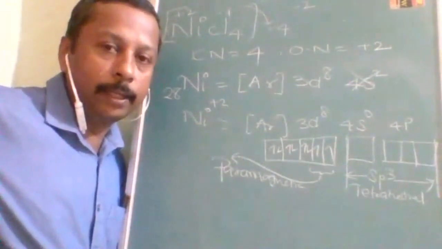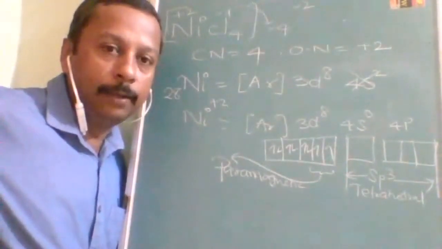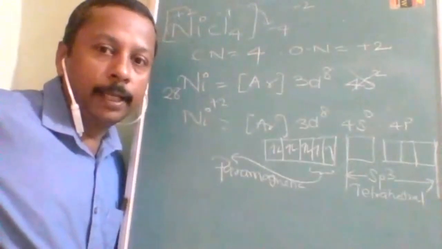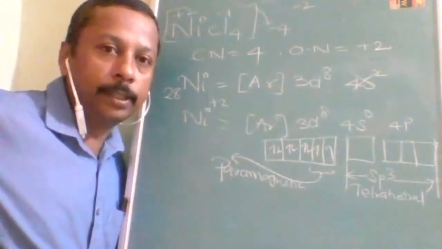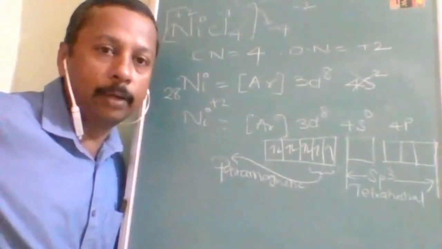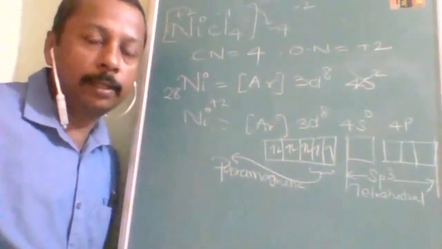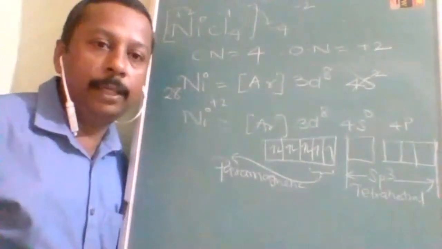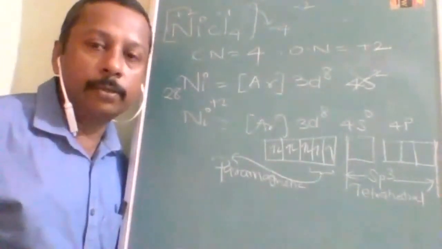If the coordination number is 4, one example is sp3 hybridization. The metal is the same; now I am going to change the ligand. I am going to replace a weak field ligand with a strong field ligand.